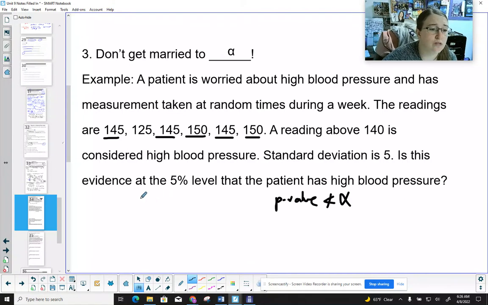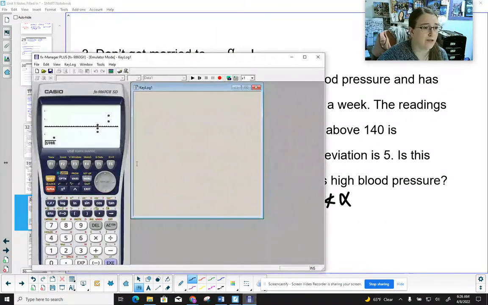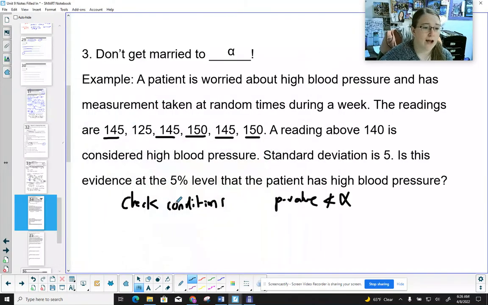The reason why is you need to check your conditions. This sample is way too small. As well as that, not only is it way too small, but when you check the NPP, that is not approximately linear. So you have to be careful. If conditions are not met, you can't do the test.